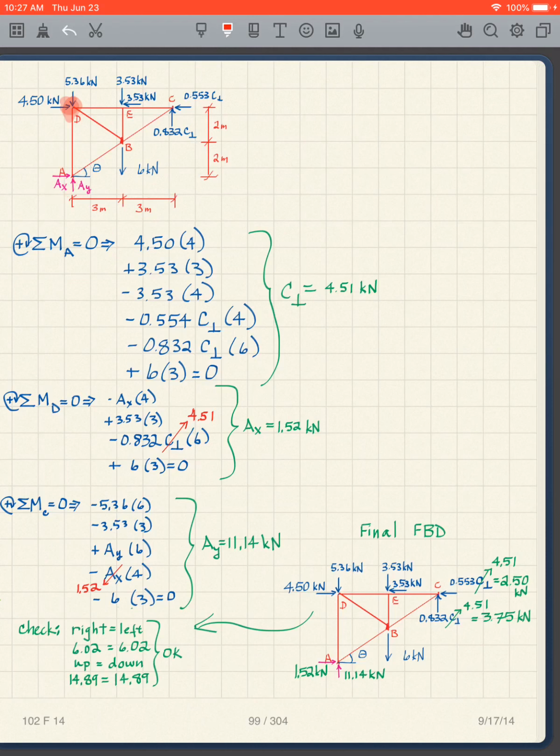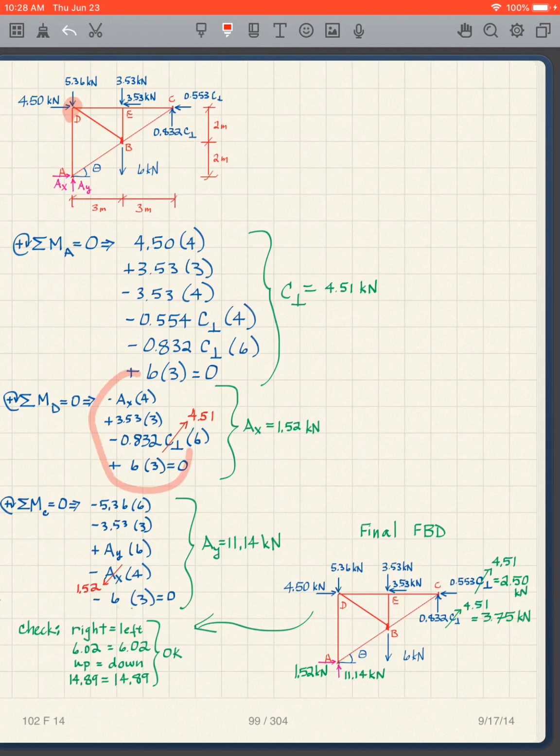In terms of the signs, this is clockwise, so it's positive. This is counterclockwise, so it's negative. This is clockwise, so it's positive. This is counterclockwise, so it's negative.